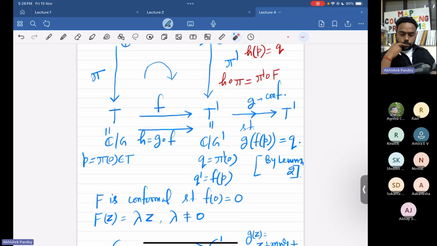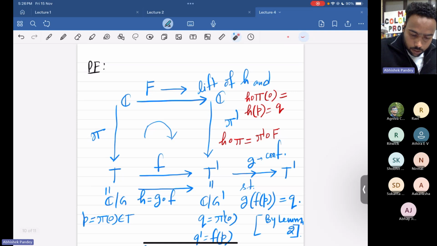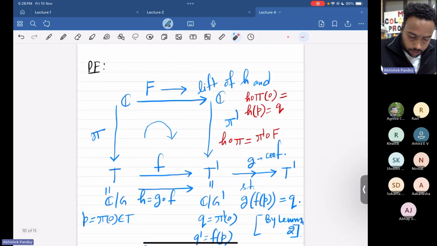I think in the proof I have to see this one, because what I want to mention is that here I said this conformal map is basically homotopic to the identity map. So I think that property comes here to say that f of 0 will be 0 only, nothing else. I have to check that one.